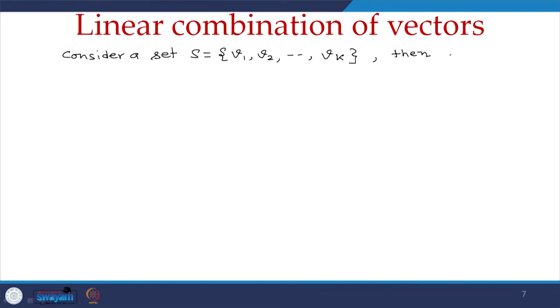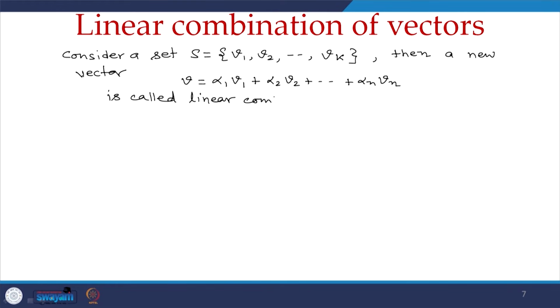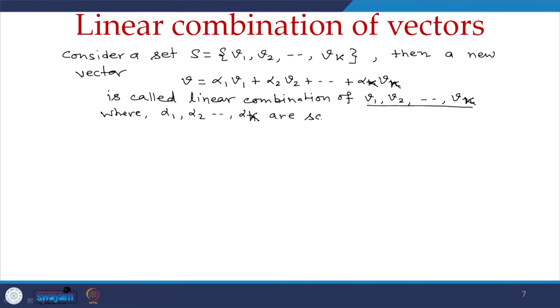Then a new vector of the same dimension, or even in fact in the same vector space V, which is nothing but alpha1 v1 plus alpha2 v2 plus ... plus alphak vk, is called a linear combination of v1, v2, ..., vk, where alpha1, alpha2, ..., alphak are scalars.